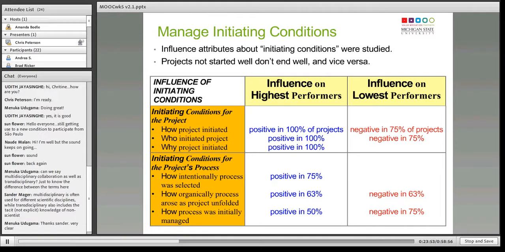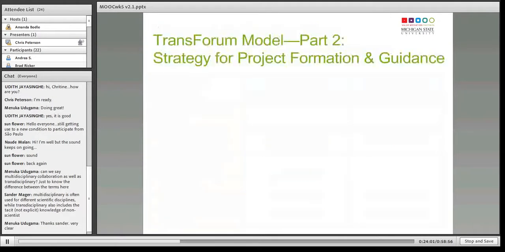Well, having seen these outcomes, I did some in-depth interviews following these ratings, and really want to suggest to you that in addition to those 5 operating assumptions that we've already talked about, Transforum developed across its work a real strategy for project formation and guidance.